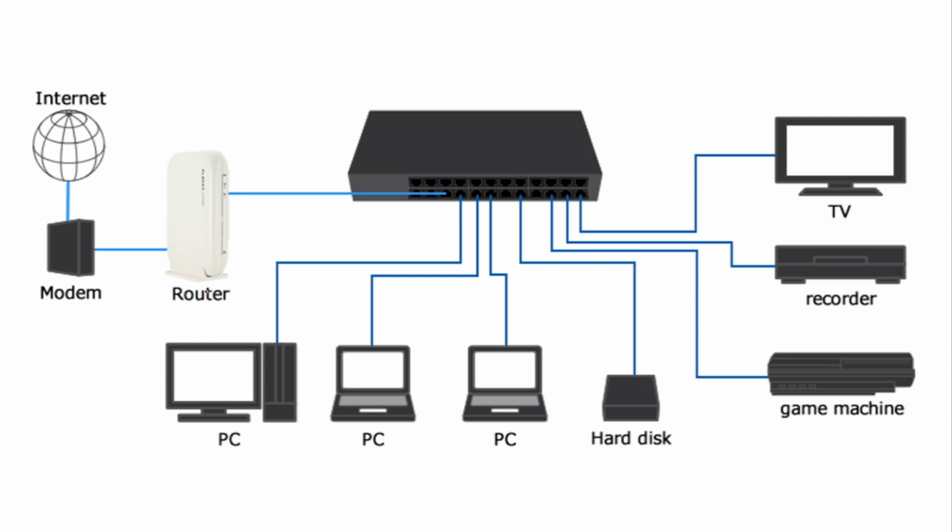You can use a switch to connect your router, your modem, to the internet. You can use the same switch to connect your PC, your laptop, your hard disk, your game, your recorder, and your television, and they will all be working simultaneously.